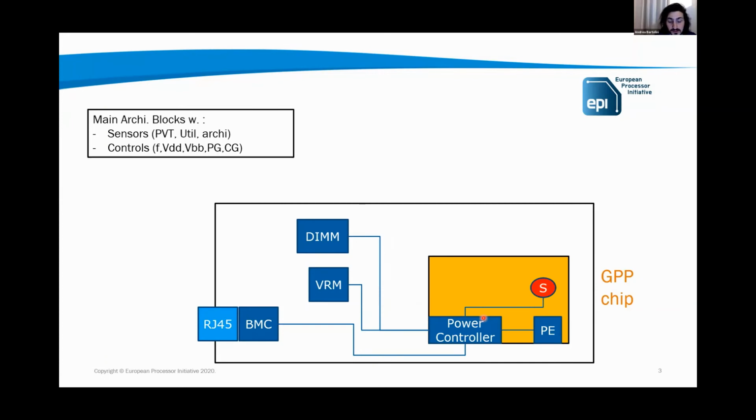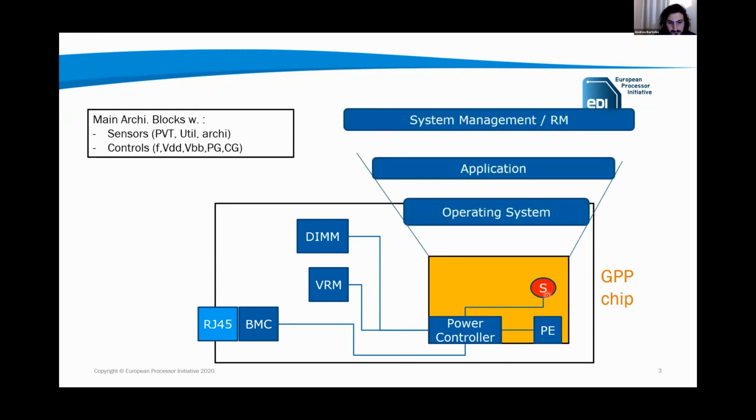Indeed, it controls the power consumption of these processing elements, deciding the frequency at which they have to run, and it also reads sensors: utilization, silicon quality sensors, and thermal sensors. It also has to interact with the software stack, so with the operating system, applications, and system and resource management.